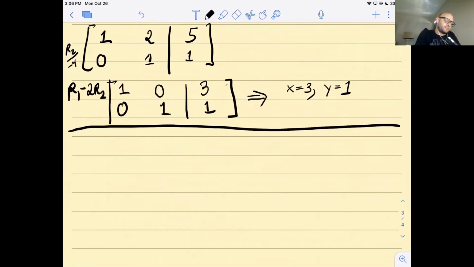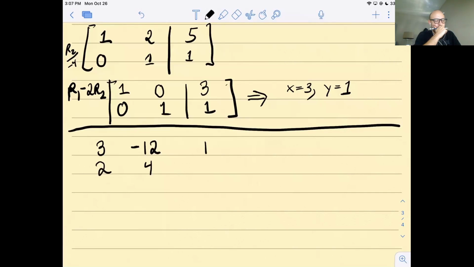So let's do this one. 3x. Let me just give you the system. So 3, minus 12 and 15. Let's see. 3, minus 12, and 2, and 4. So let's see.